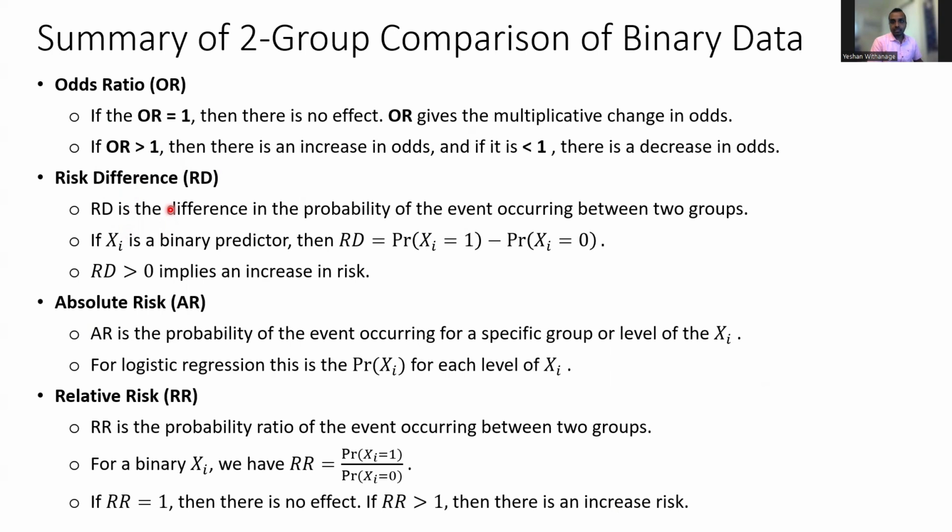Absolute risk is the probability of occurring each level of a given predictor variable. Relative risk is the probability ratio of the event occurring between two groups for a given predictor variable. If relative risk is 1, then there is no effect. Positive relative risk indicates an increasing risk.